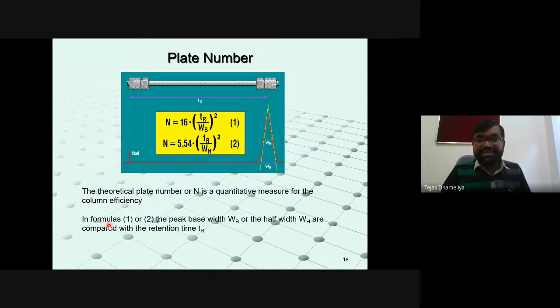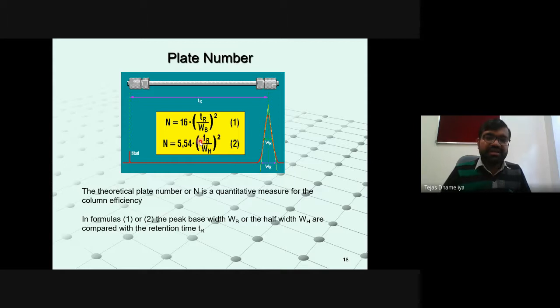Right? So as you can see here, WB is the width of the peak, but WH is the width at half of the height of the peak. That is a particular kind of number of theoretical plates, and both formulas can be correlated with each other.